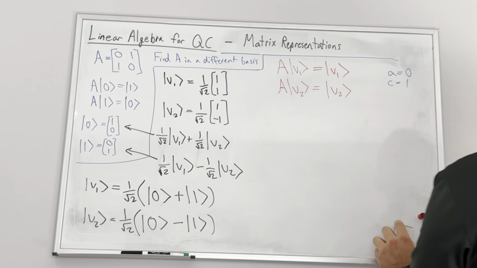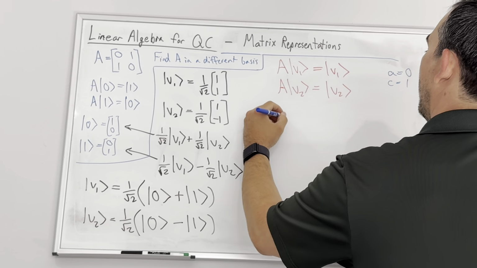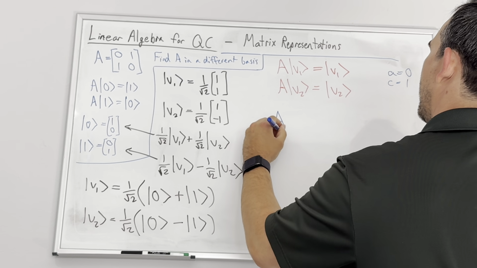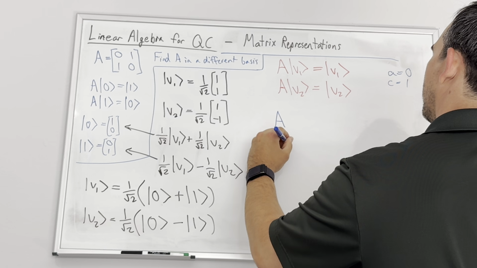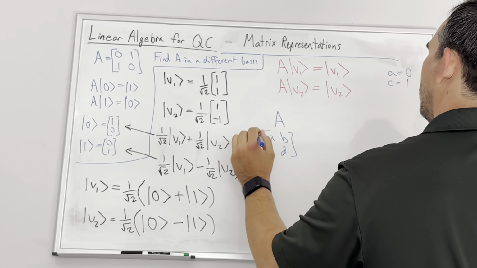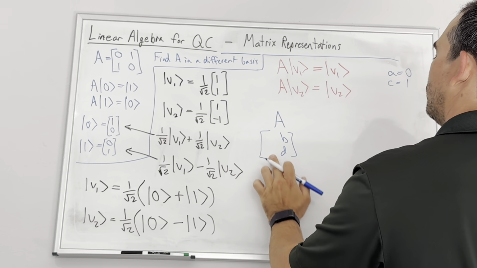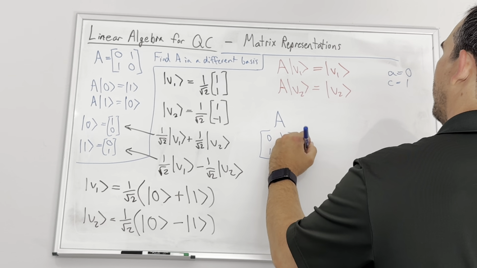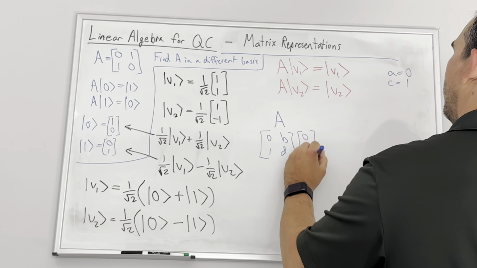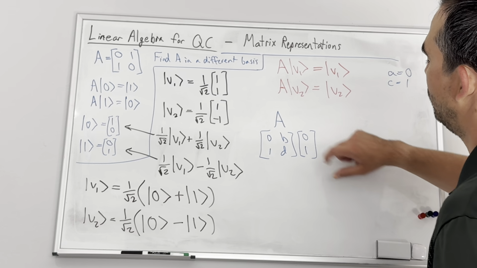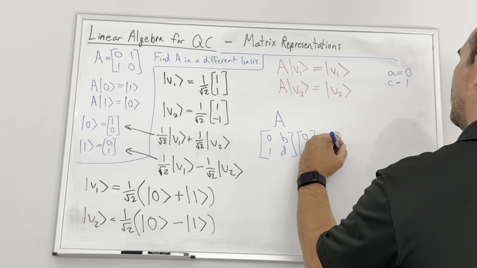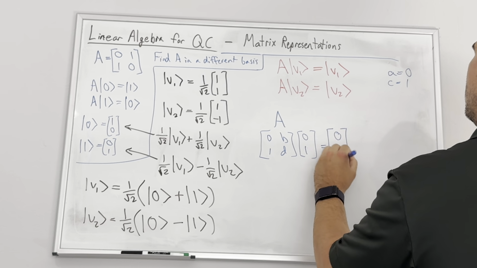So now let's do AV2, right? So A, B, C, D applied to, in fact, let's make the substitution. So that's a 0 and that's a 1. Being applied to the next basis vector is going to give us 0, negative 1.